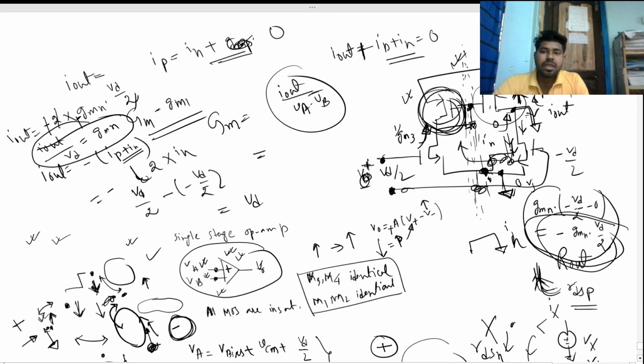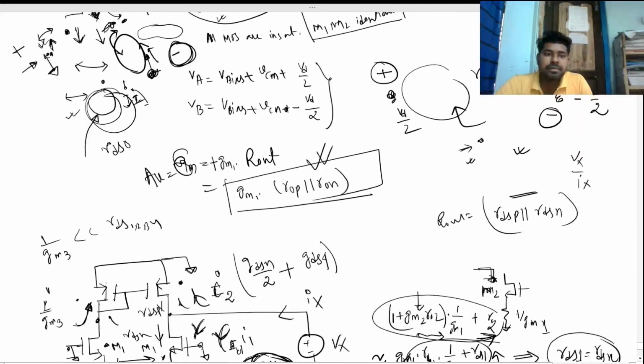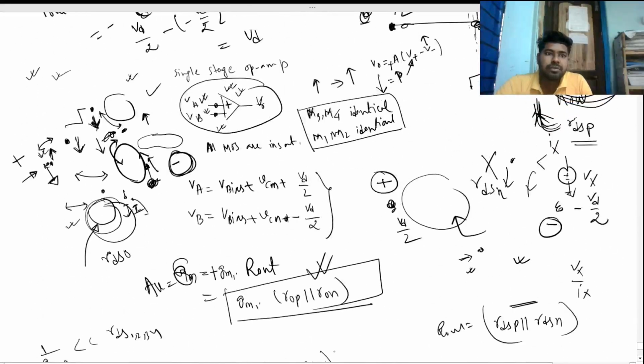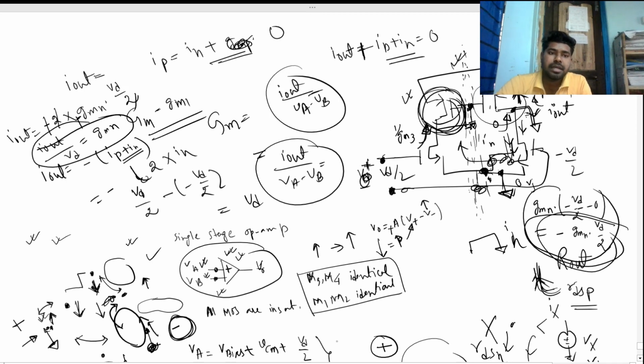To find the overall GM, we know we have to short circuit the output to the ground, and we have to find the I out. Our overall GM for the differential pair will be I out divided by VA minus VB, small signal. We do the small signal analysis and assume symmetry, because these two impedances are very low.